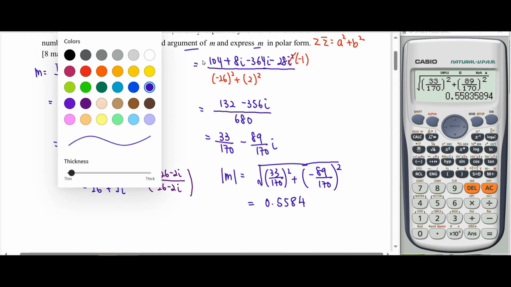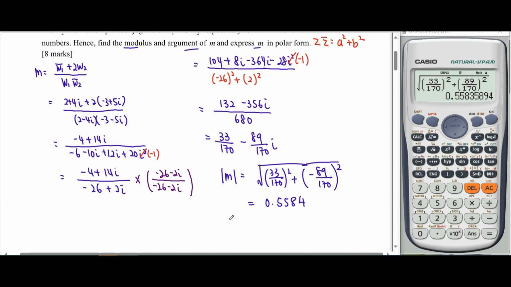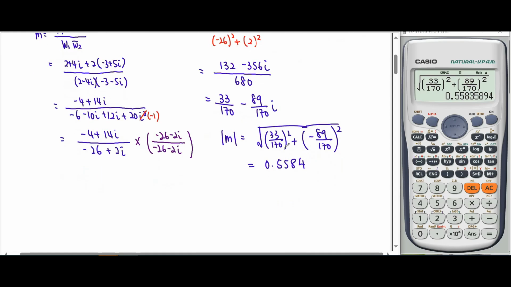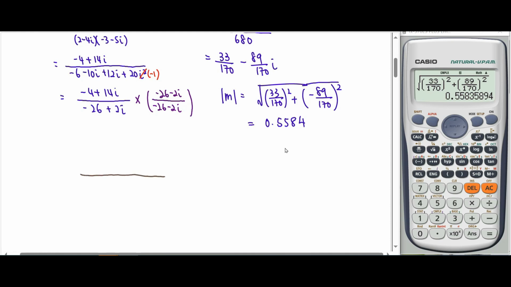So for doing the argument, we need to draw out our Argand diagram and express it in polar form. So in our Argand diagram, the x-axis is the real part, the y-axis is the imaginary part. So the real part here is 33 over 170. The y-axis here is negative, so negative 89 over 170. So here we have our complex number in quadrant 4. Then to find its argument, let us see our notes.